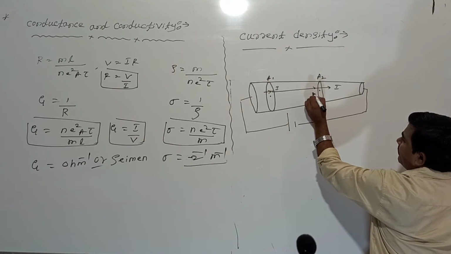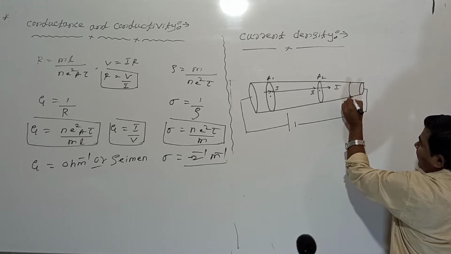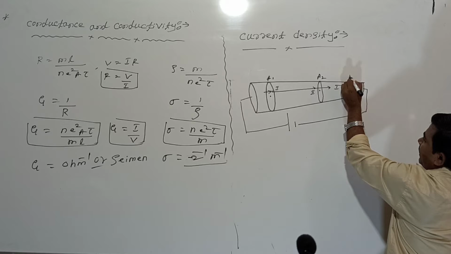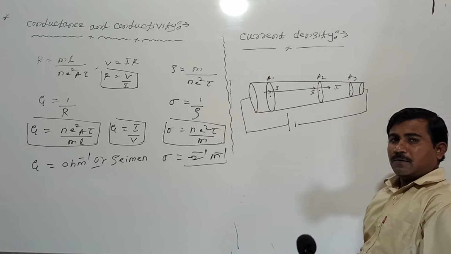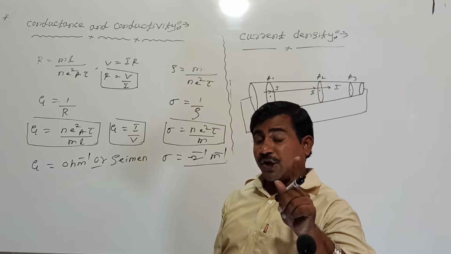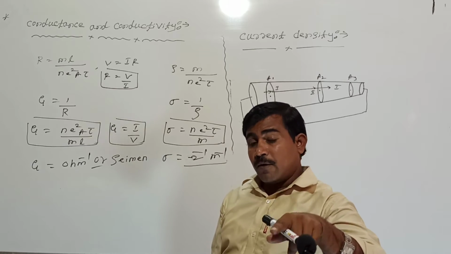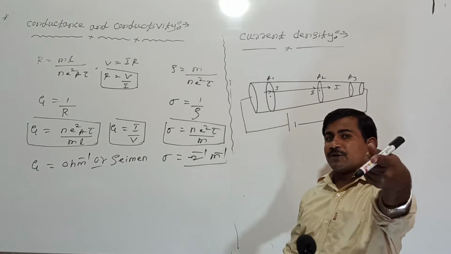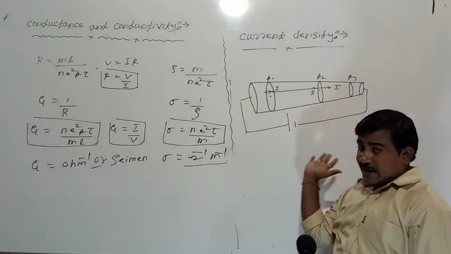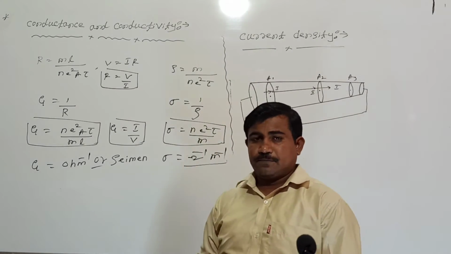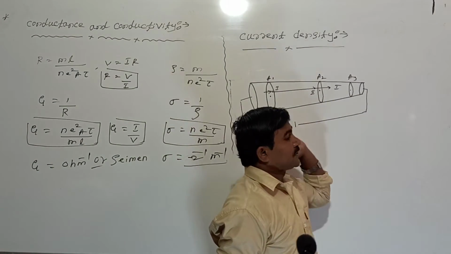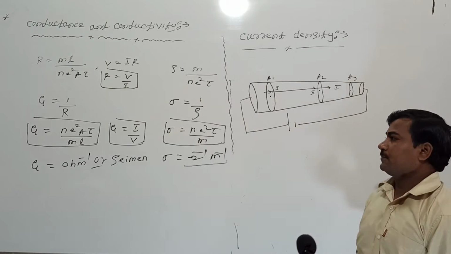Here also I amount of current. Here A3 area is available. The current density changes from point to point when the area cross section of the conductor changes. If area remains the same, current density won't change. But if the area cross section of the conductor changes, at every point current density will change.